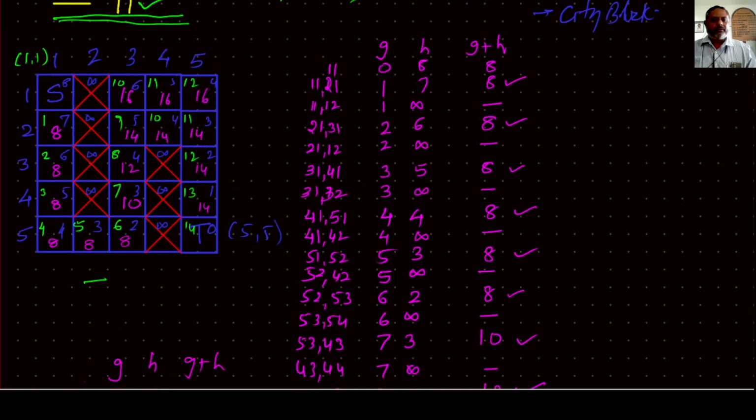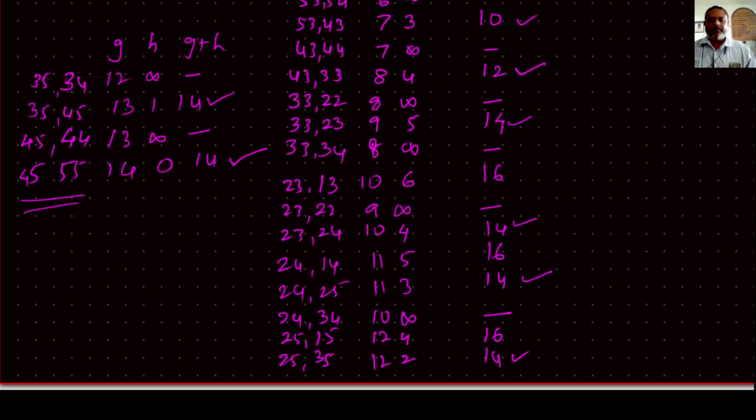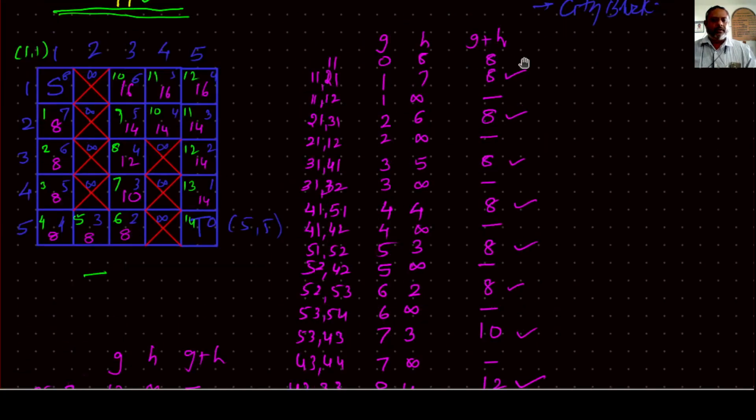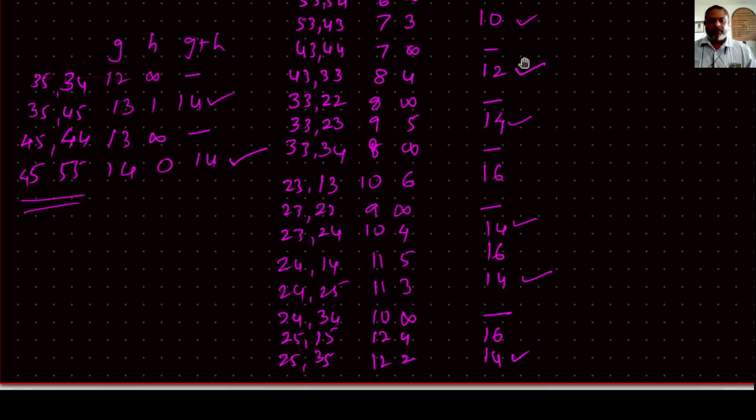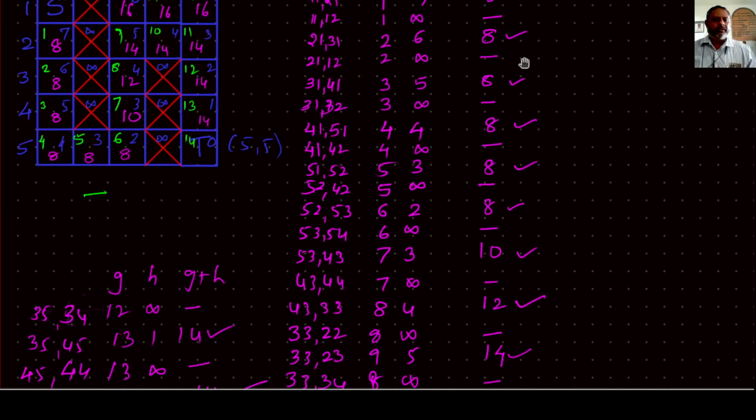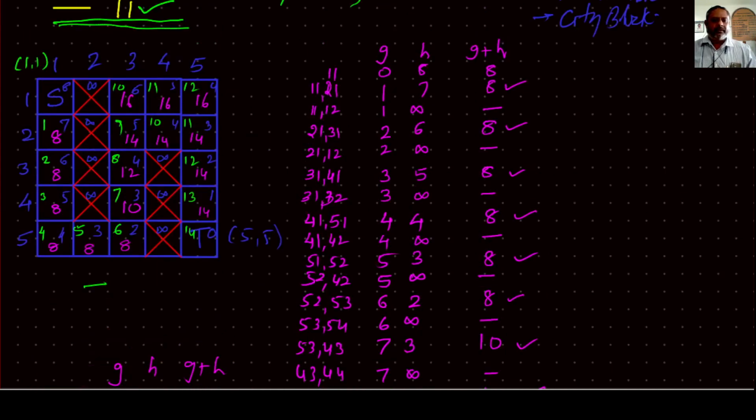And once you are in 2 5 you can go up or you can go down. If you go up it makes 16, if you go down it makes 14, so better go down to 3 5. Once you are in 3 5 then you can go left or down.